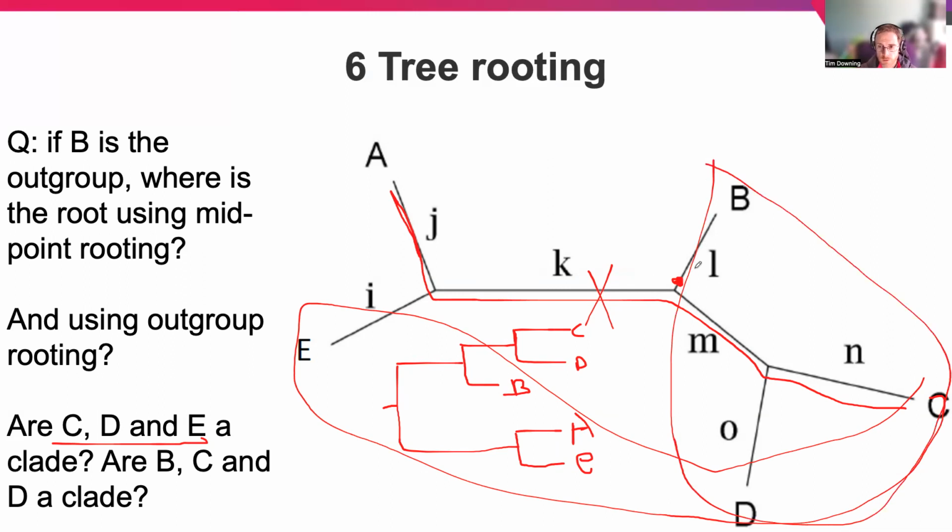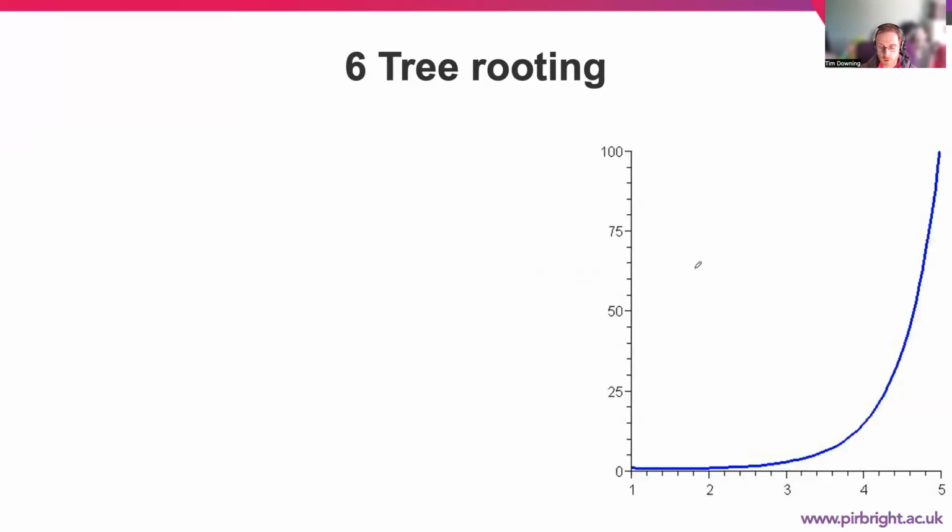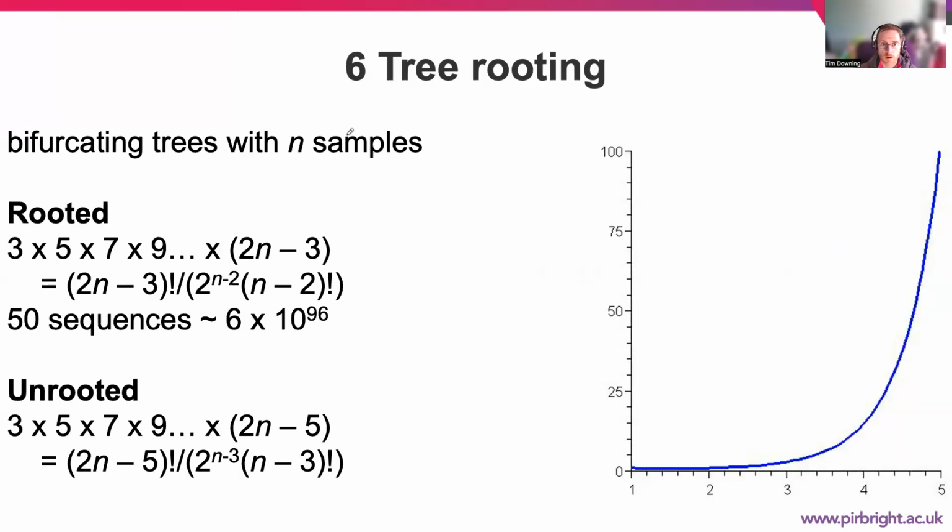So looking through different tree options is complicated, as mentioned before. If you think about the number of possible options, then going back to our substitution rate modeling, our optimality criteria and the neighbor joining tree construction, this is complicated because if we have bifurcating trees with n samples, the number of trees required for a rooted one is very, very large. So 50 samples corresponds to about 6 by 10 to the 96.